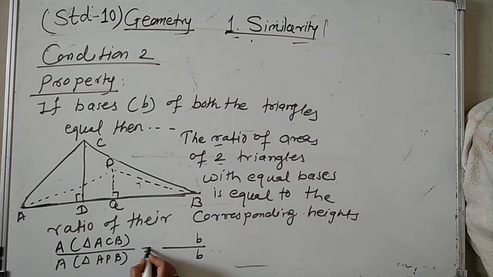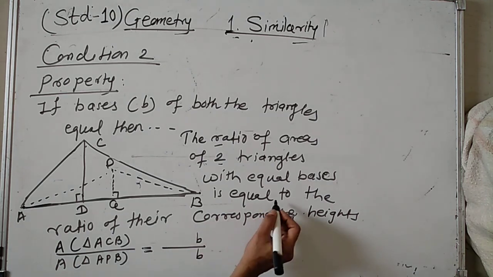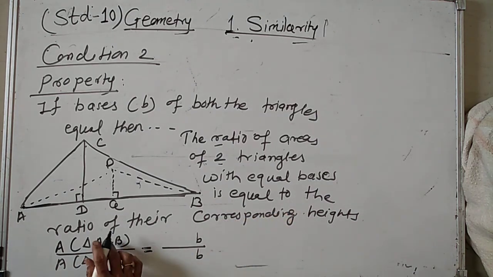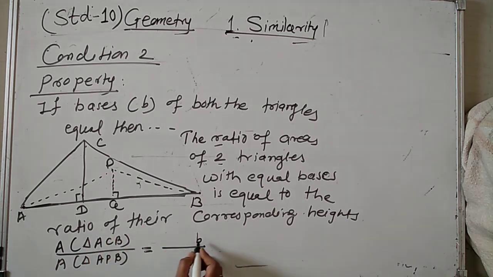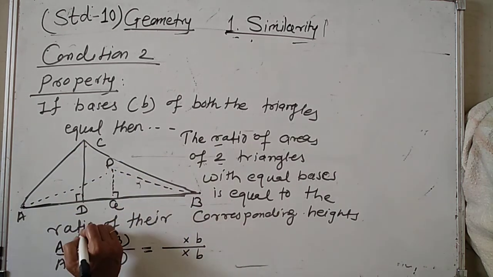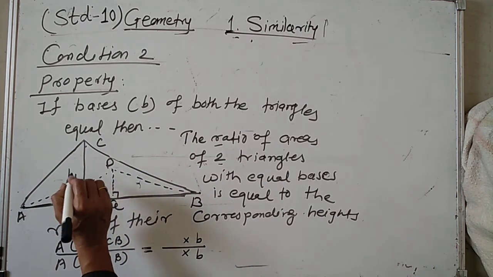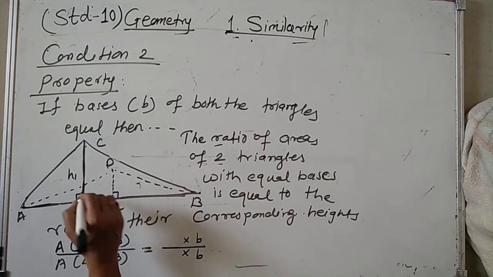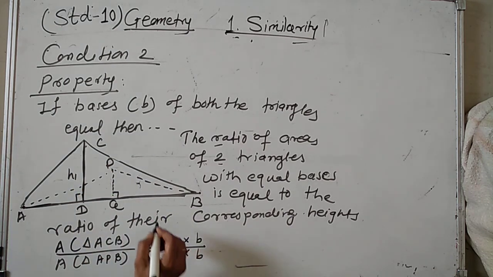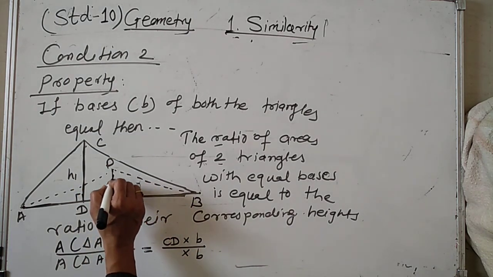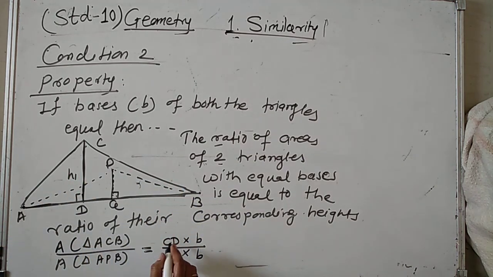is equal to the corresponding heights. It means the ratio of the areas of triangles, if their bases are equal, remains in proportion to only their heights. The height of the first triangle is H1, that is CD, and the height of triangle APB is PQ. So B and B get cancelled.